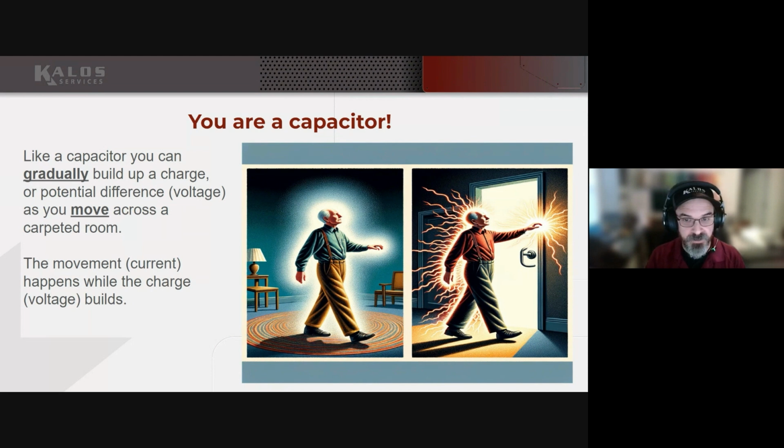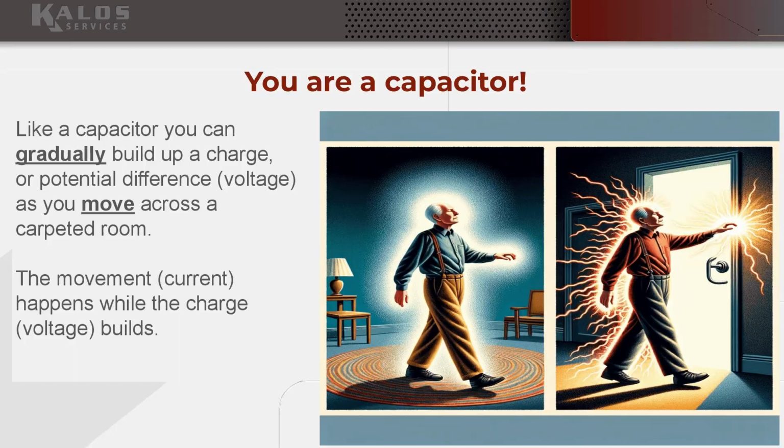So like a capacitor, you can gradually build up a charge as you move across something like a polymer rug or something like that. So think of you moving across the room as current. Those are your electrons, and it's happening, right? But your potential is not building up immediately. The longer you walk across the room, the longer it takes before you touch something conductive, the higher your charge is going to become.